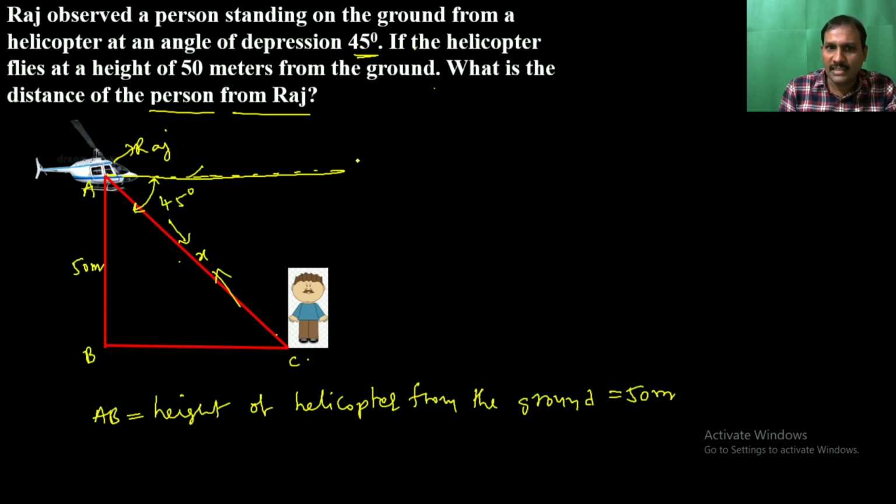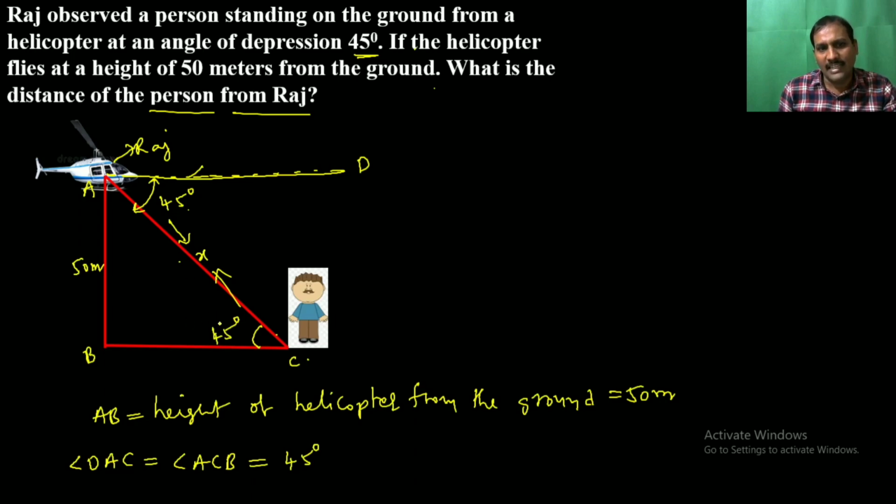So let us say this is some D. Now this angle and this angle both are equal. Angle of elevation is equal to angle of depression. So I can say that angle DAC is equal to angle ACB is equal to 45 degrees. We have learned that the angle of elevation and angle of depression are the same because they are alternate interior angles if these two are parallel lines.